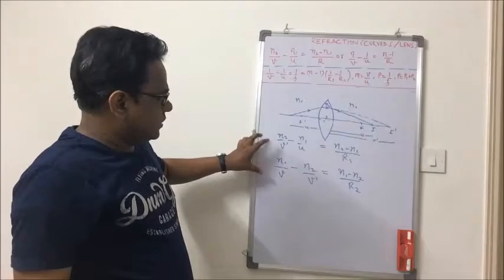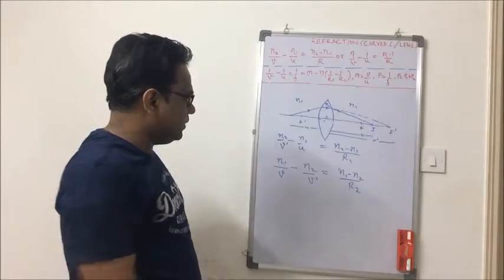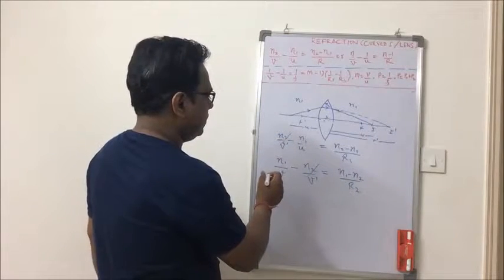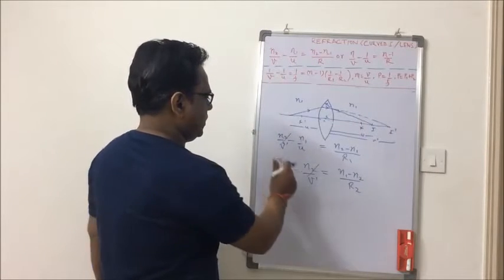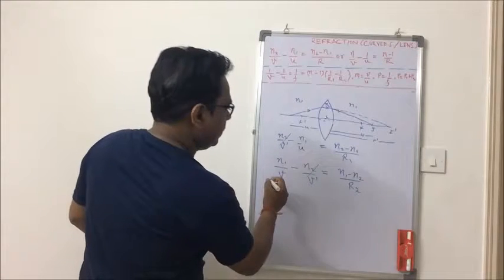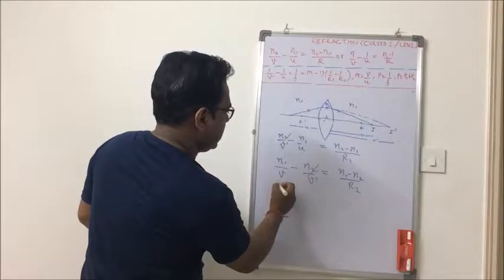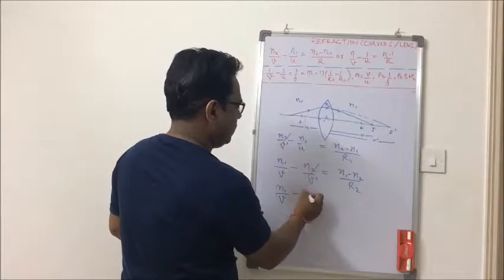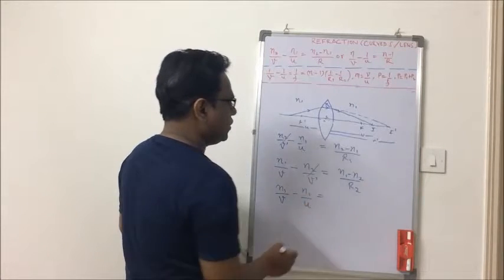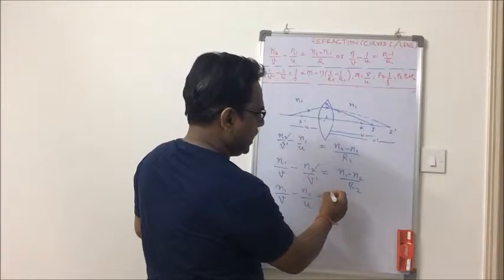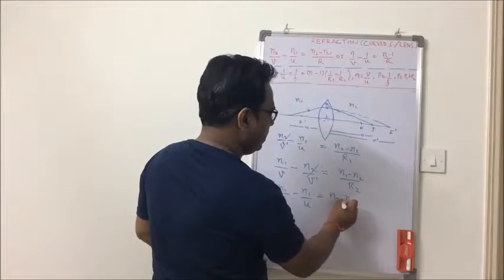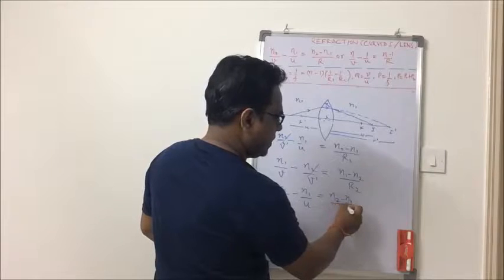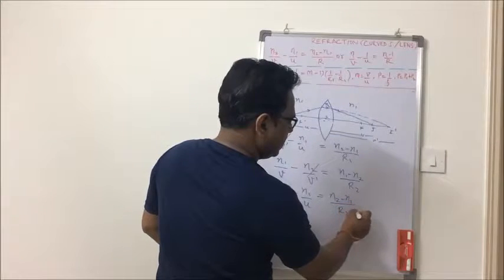So if we sum these two equations, then these two would be cancelled, and now it would become N1 divided by V minus N1 divided by U equal to N2 minus N1 times 1 by R1 minus 1 by R2.